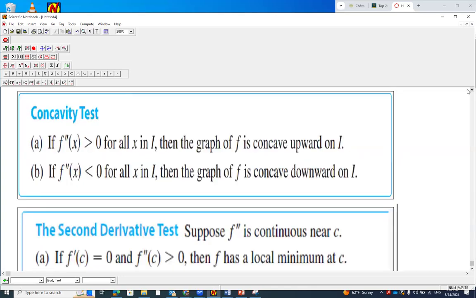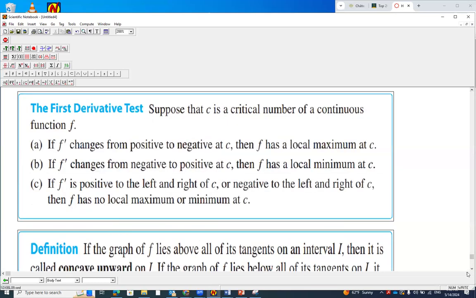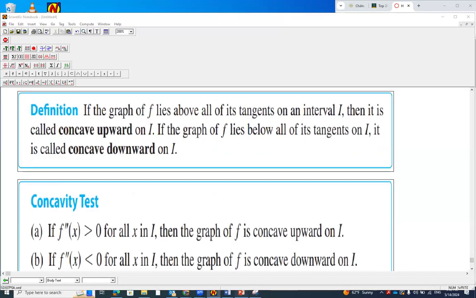Second derivative test, inflection point. So this is about concave up and concave down. Did I have that? If I don't, no problem, we can find it. I'm going to find it. Just one second.